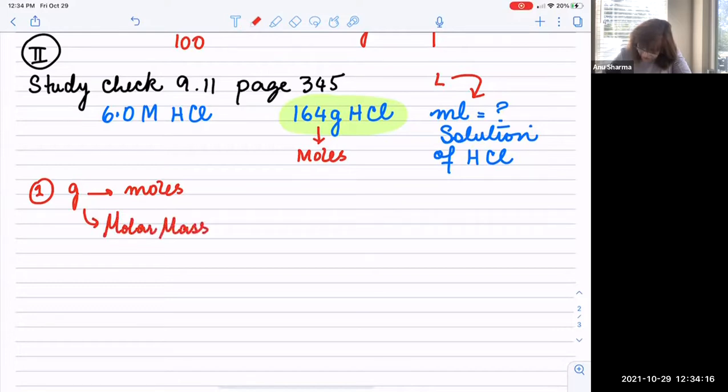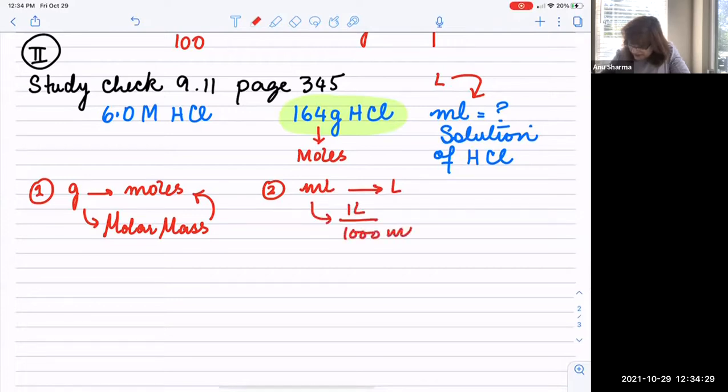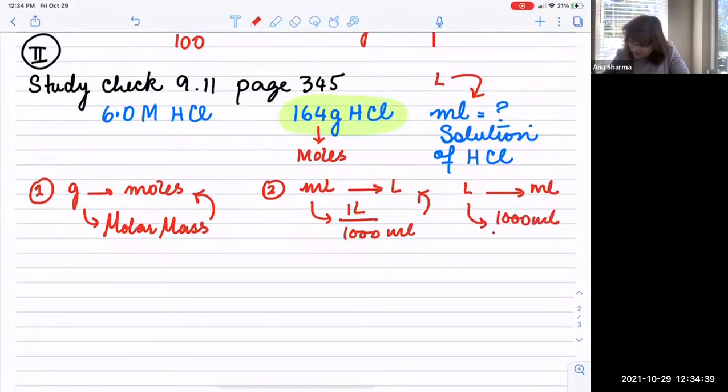Second, whenever something is given in milliliters, we convert into liters using 1 liter over 1000 milliliters. When something is given in liters and you convert it into milliliters, you multiply by 1000 milliliters over 1 liter, and you will get the answer in milliliters.